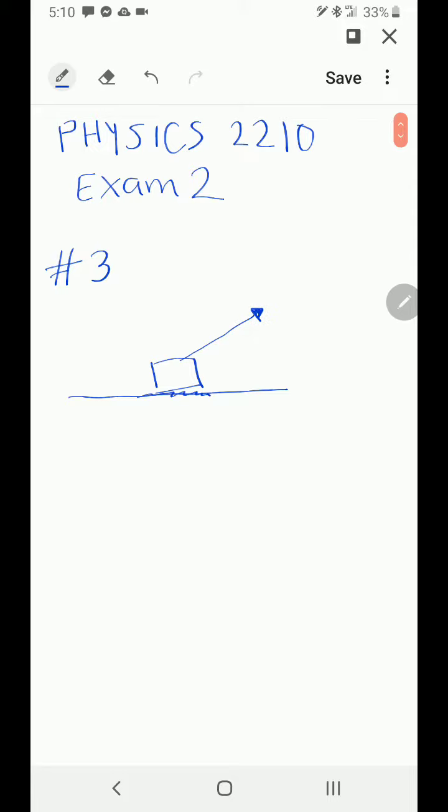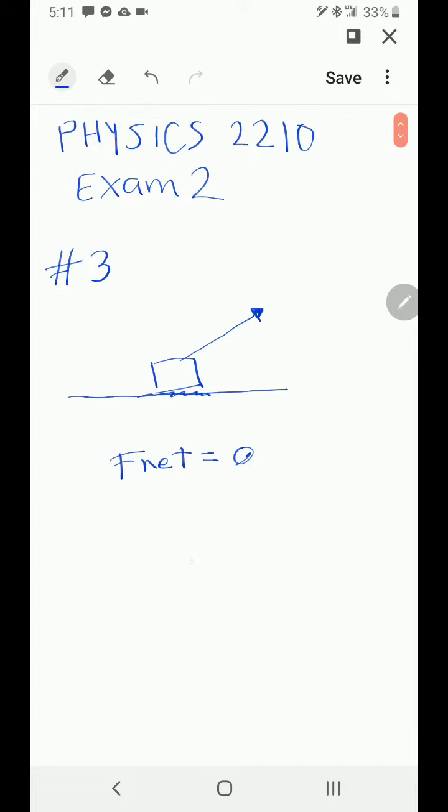We don't know this angle, we don't know basically anything about this force, but we know that the velocity is constant, so the net force in the system is equal to zero, right? There is no acceleration. There is a speed, but it's a constant speed.